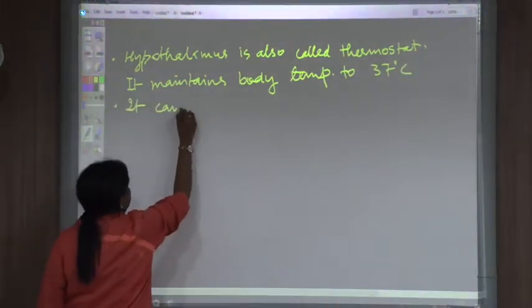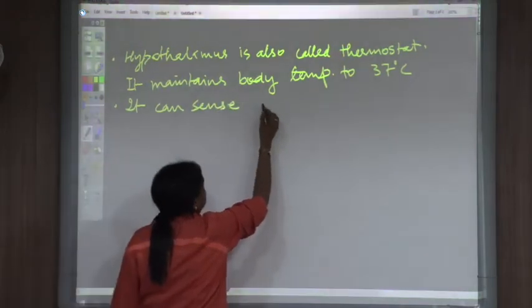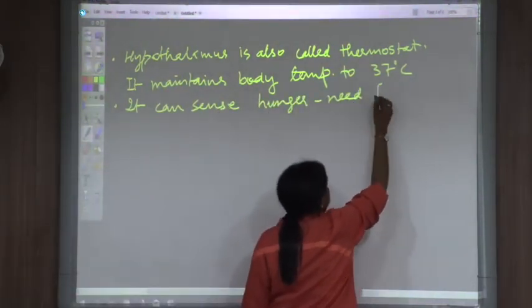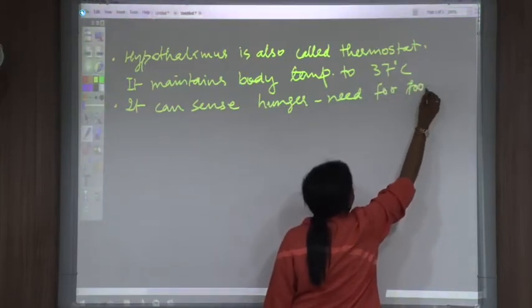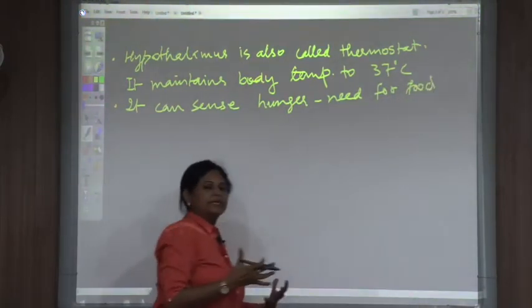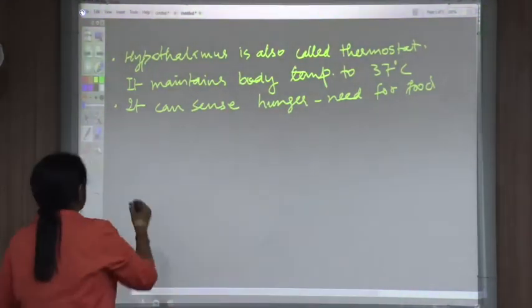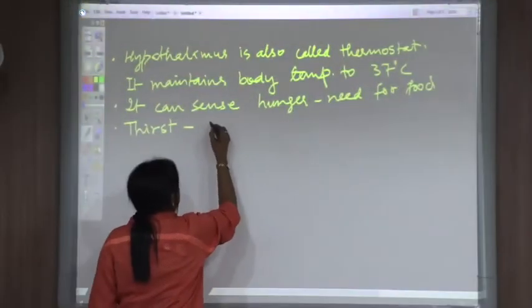Now what else does it do? It can also sense hunger, that is the need for food. Now when you have to eat and when not, that is sensed by the hypothalamus, and it is the sugar level that is sensed.